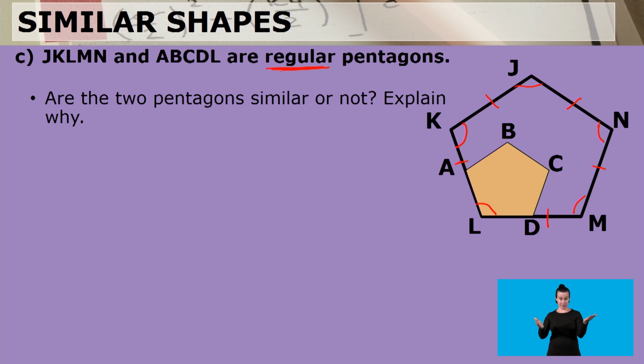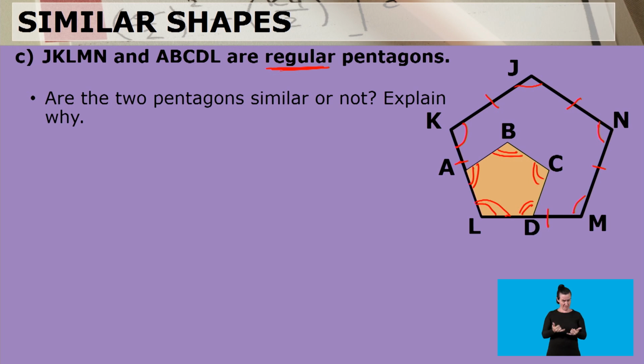And then the next pentagon is similar, because of the word regular, that means angle A equals angle B, which equals angle C, which equals angle D. And you notice that we've already marked L, and the same L is equal on both pentagons.